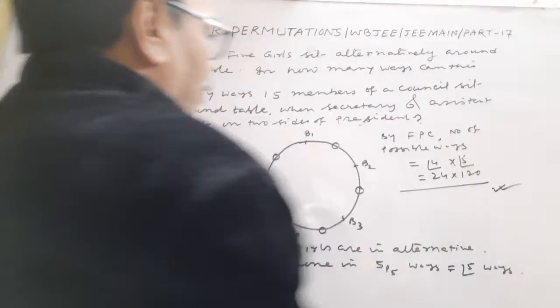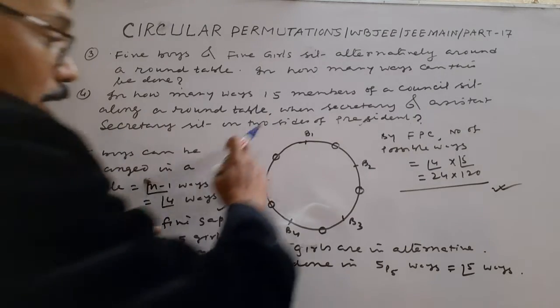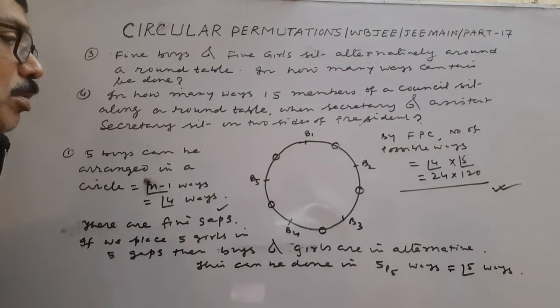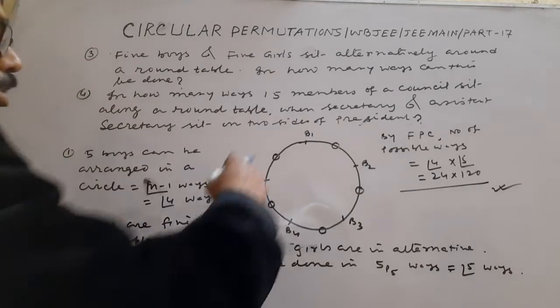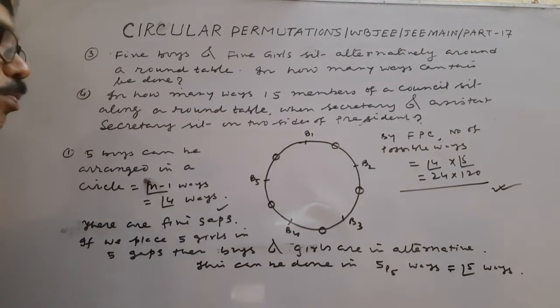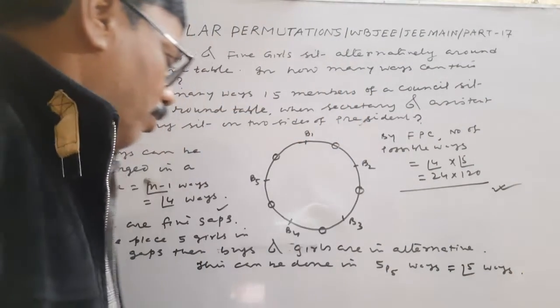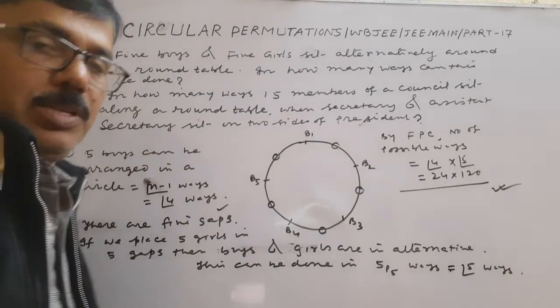120, this is our final answer. So look, 5 boys can be arranged in a circle in factorial 4 ways. Now, boys are arranged along a circle, then there are 5 gaps. You have to place 5 girls in 5 gaps, and this can be done in 5P5.